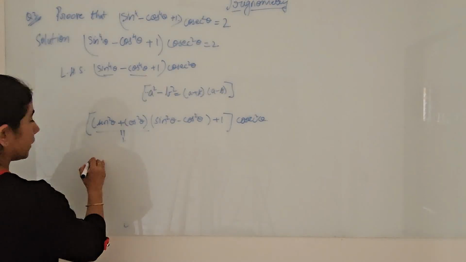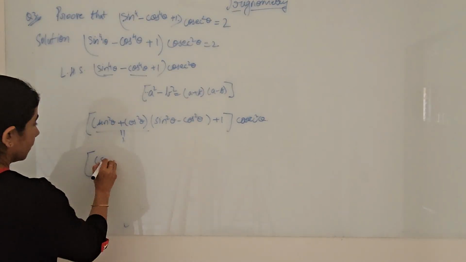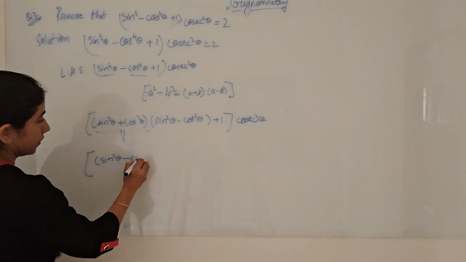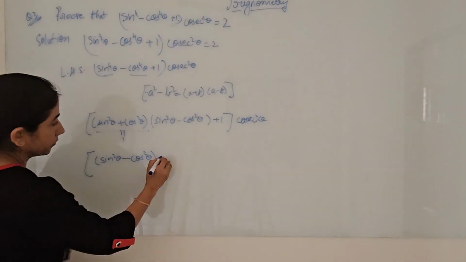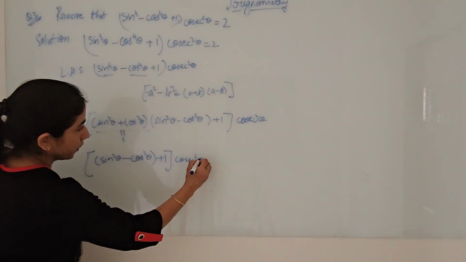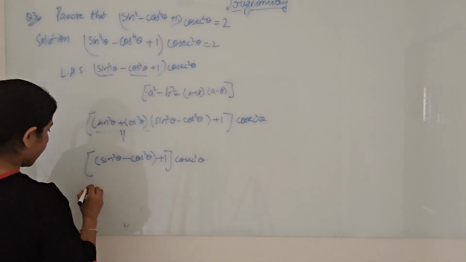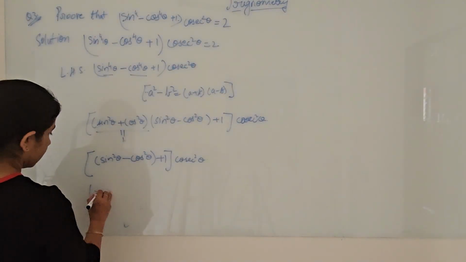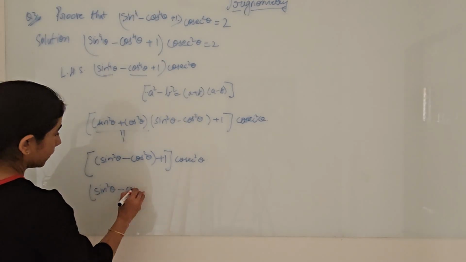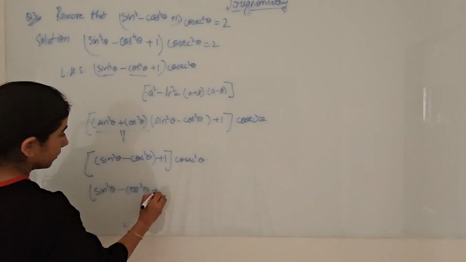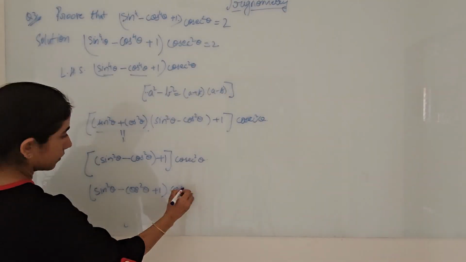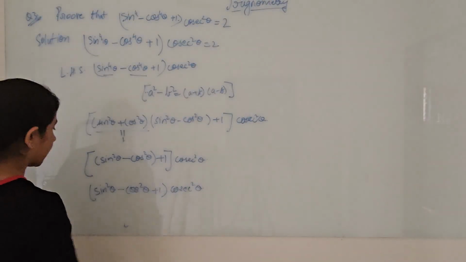So what I am left with is sin^2 theta minus cos^2 theta plus 1, times cosec^2 theta. Now opening up the brackets, sin^2 theta minus cos^2 theta plus 1, with cosec^2 theta outside the brackets as it is.